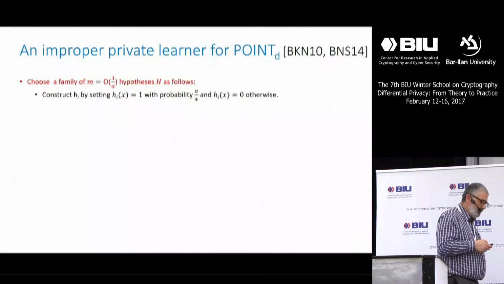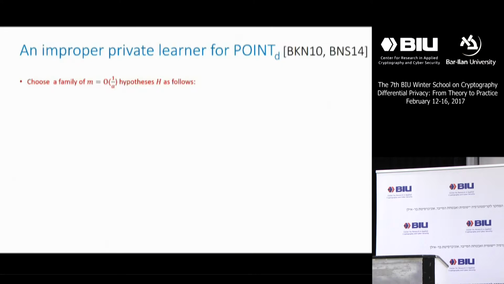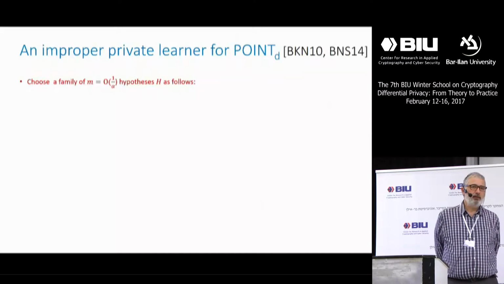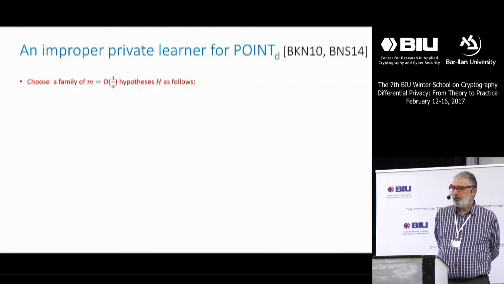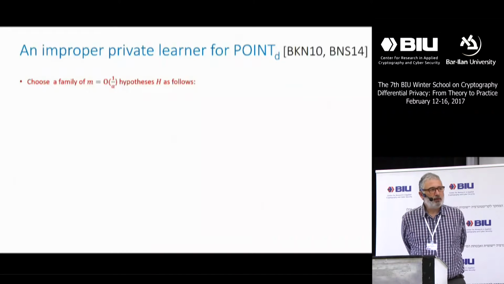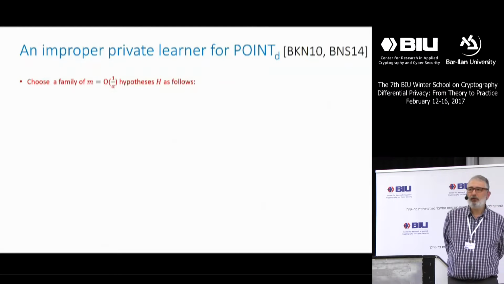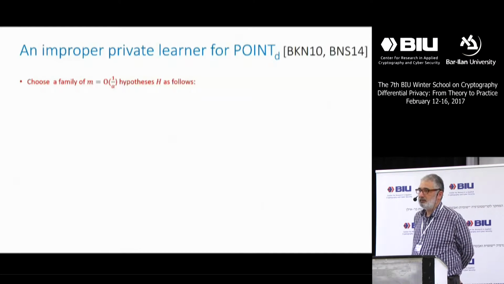So, what tools do we have? We don't have much. We have this private Occam Razor algorithm, and the problem with the private Occam Razor algorithm is that we use the exponential mechanism, and then to get correctness, we needed to take sample complexity that is logarithmic in the size of the concept class.